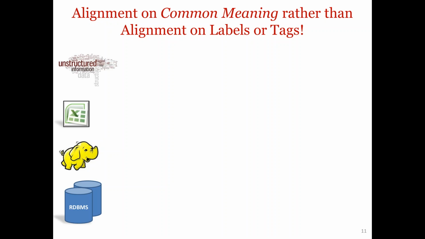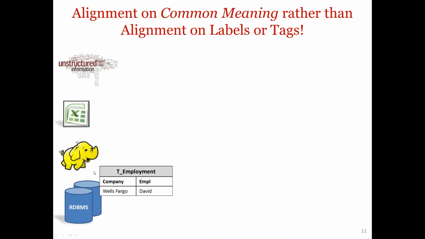And with semantics, we focus on alignment on common meaning rather than alignment on labels or tags. Let me explain what I mean by that. So we have relational databases, we have big data, Hadoop, we have Excel spreadsheets, we have unstructured content, and we could take the same meaning and represent it physically in different ways.